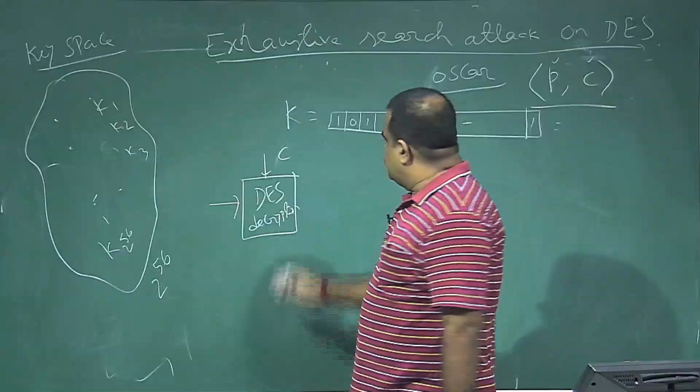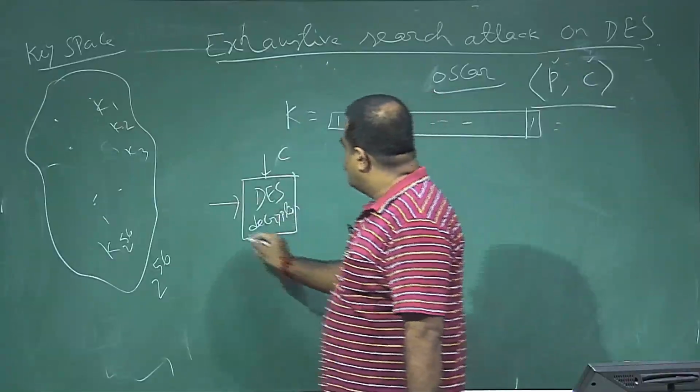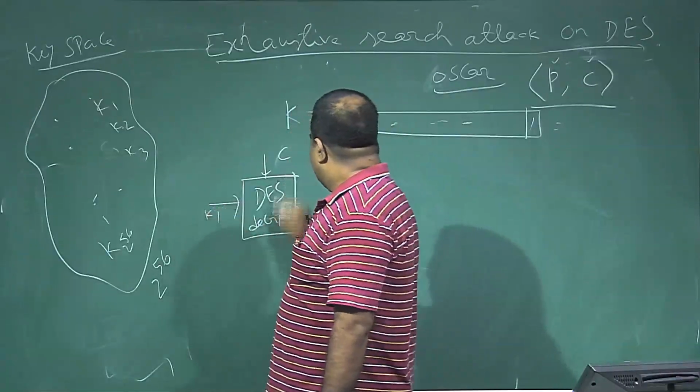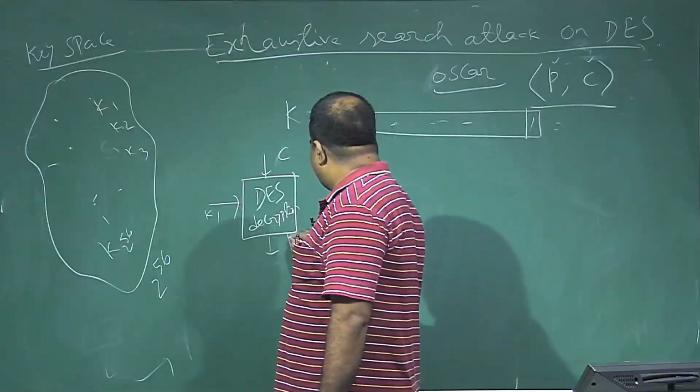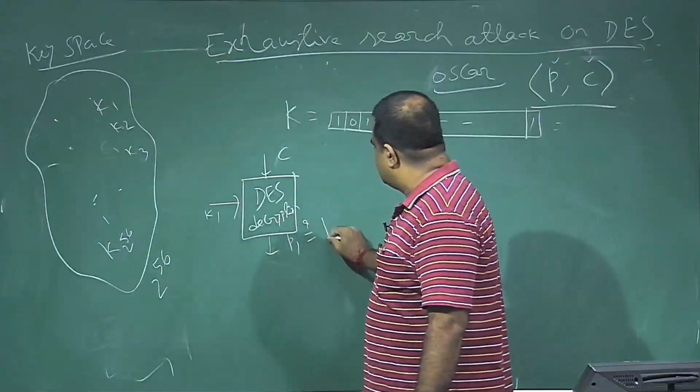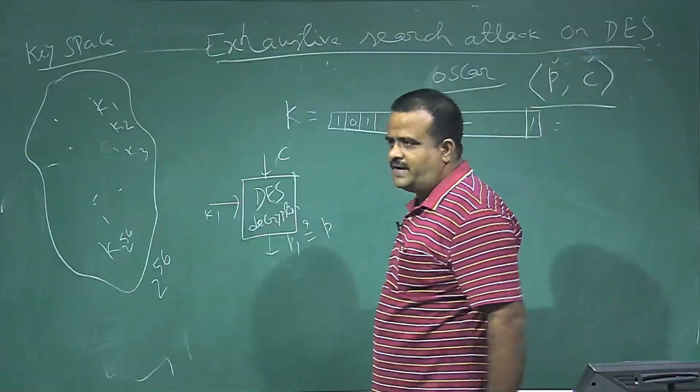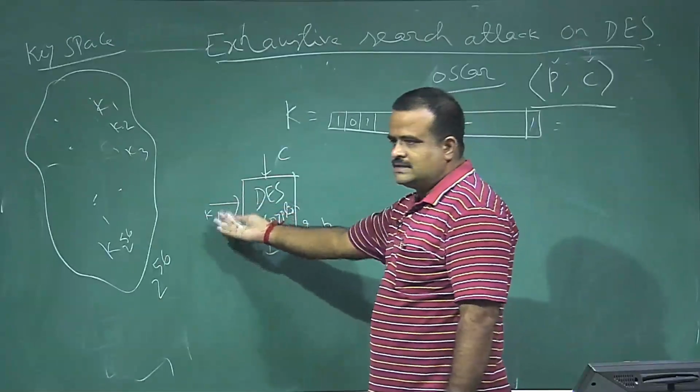So, what will Oscar do? Oscar will try K1, decrypt, get a P1, and check whether this P1 is P or not. If it is P, then fine, the corresponding key is K1.